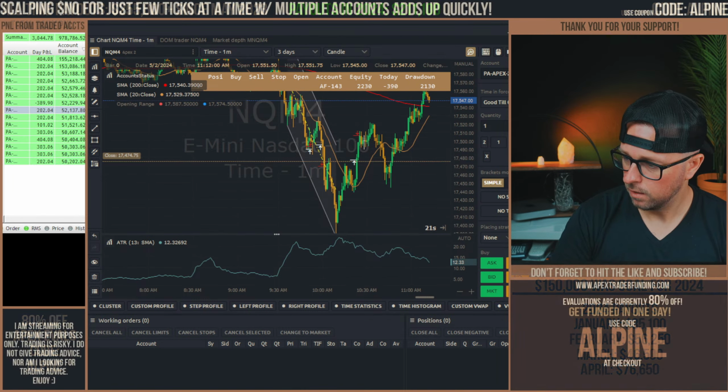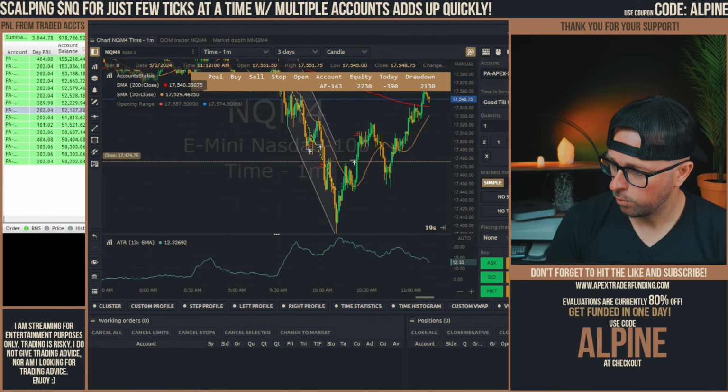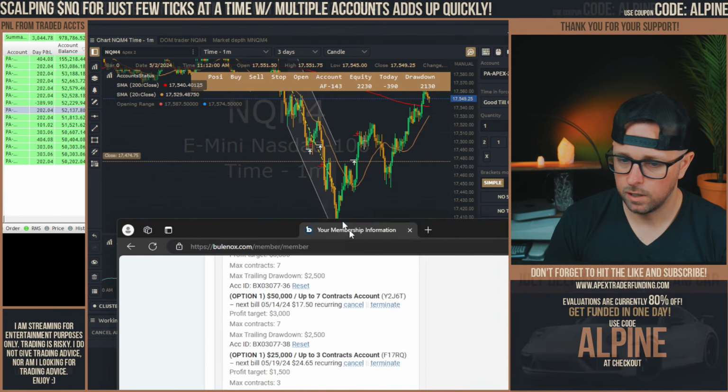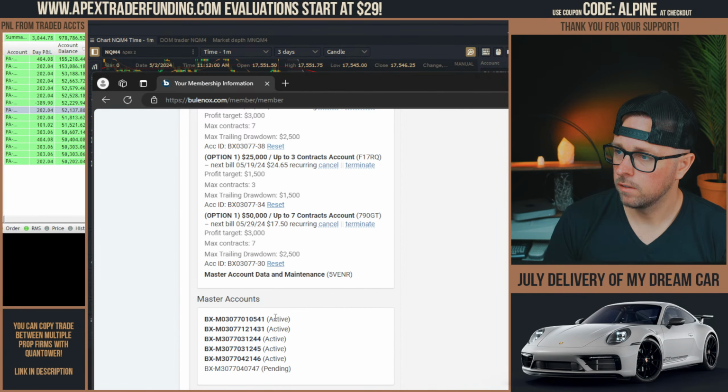See on Bonox, you have to send them emails that you want to activate the account. It's so difficult, because I have another account that's pending, and there's no way to pay for it, so I have to email them.